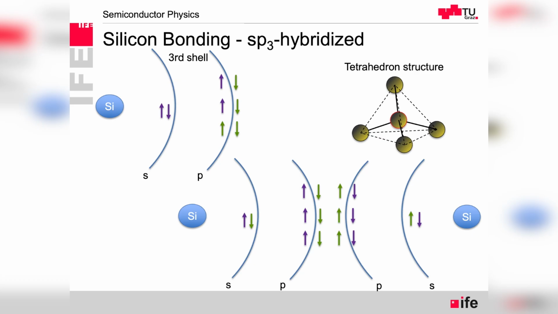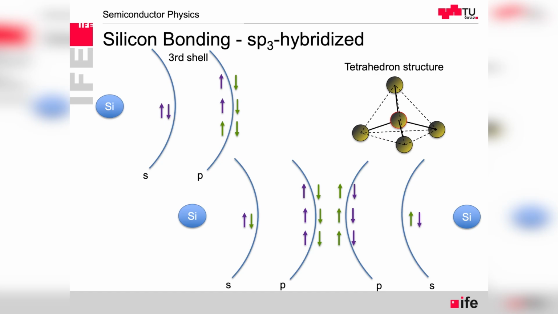Now, if we have 2 atoms or more atoms in the crystal, what happens? Now I should change the green color to something else, because in the first case it meant an empty, unfilled state. But here it means that it's complemented by the neighboring atom.